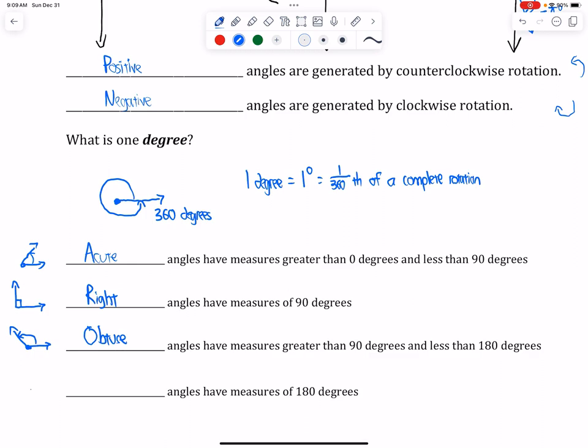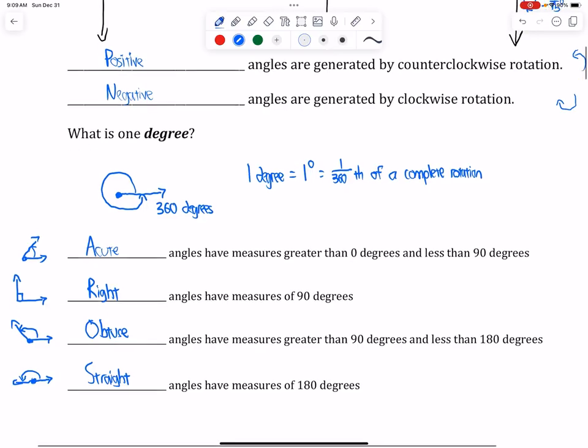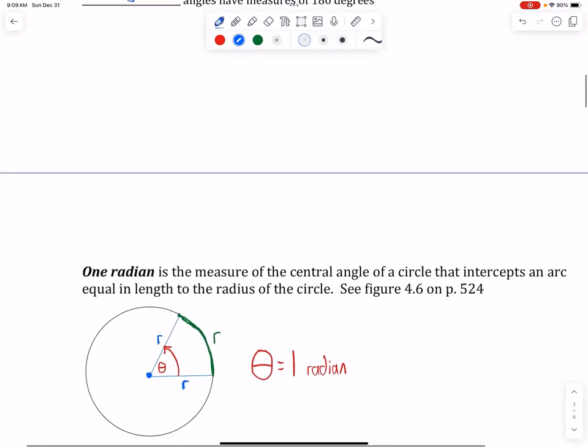And then one you won't deal with a lot, but you will see now and then, when you have something that's kind of like two 90-degree angles put together, measuring exactly halfway around, 180 degrees, that's what we call a straight angle. Those are some vocabulary words we'll use occasionally in this course to talk about different sorts of angles.